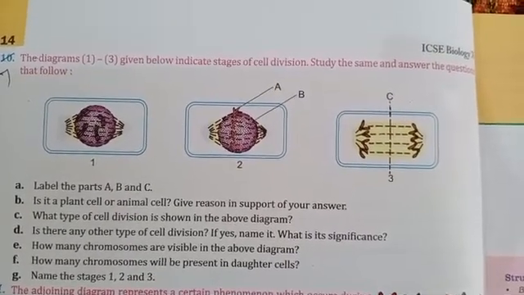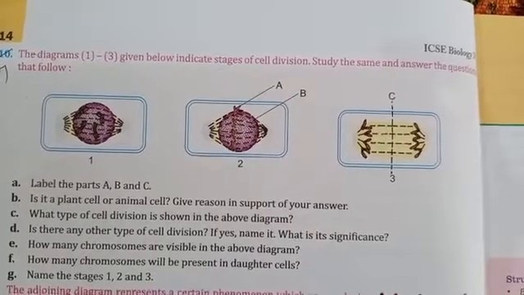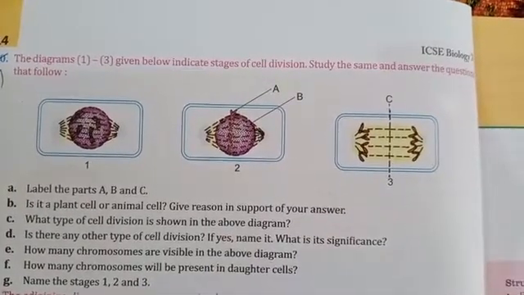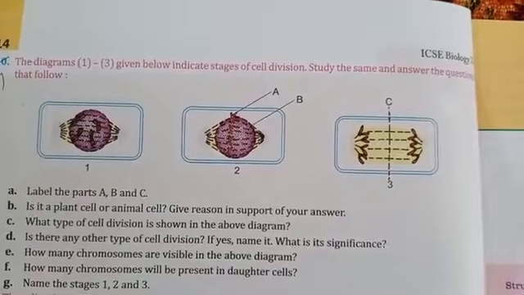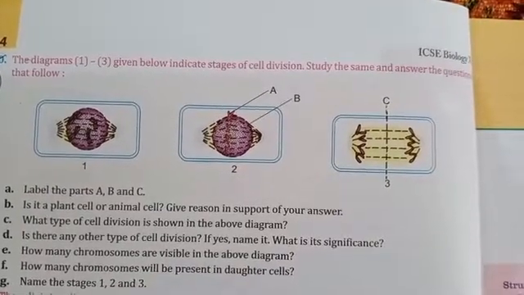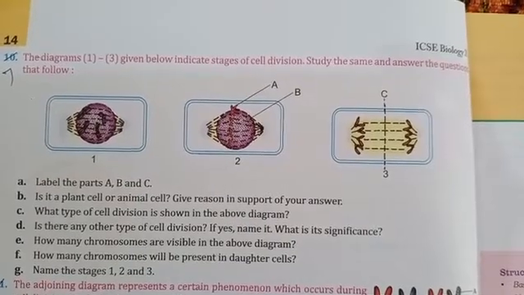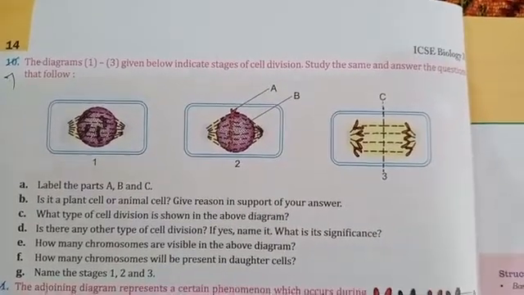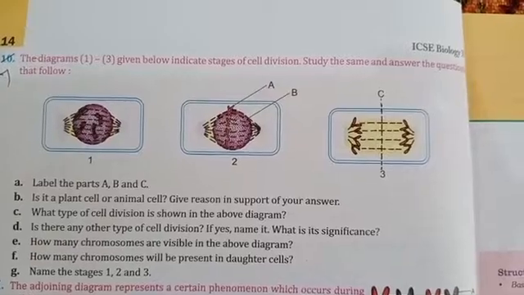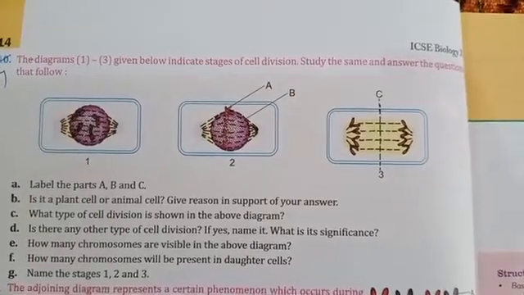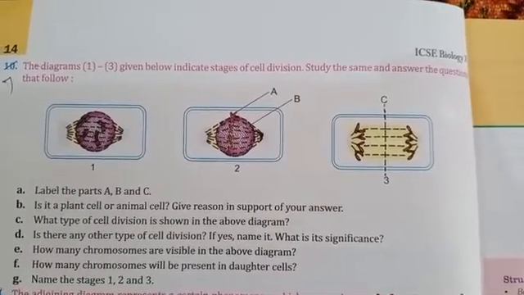How many chromosomes are visible in the above diagram? How many chromosomes will be present in the daughter cells? Name the stages 1, 2 and 3. Okay. So note down this question carefully. Look at the figure, draw it and then answer all the questions.